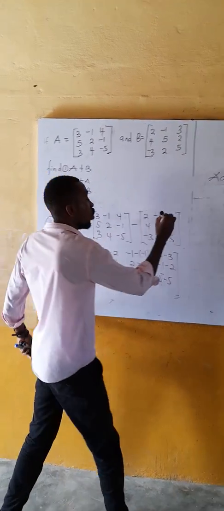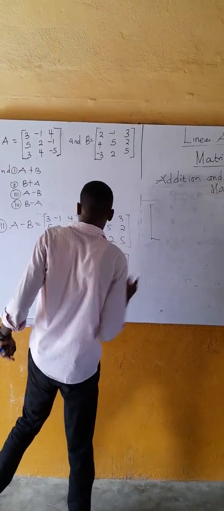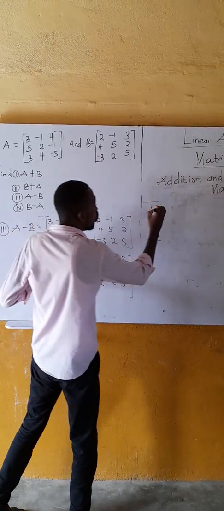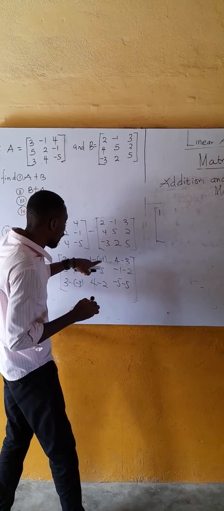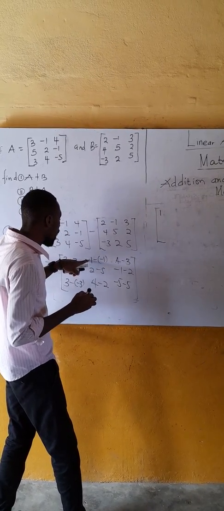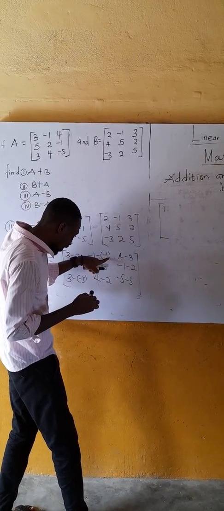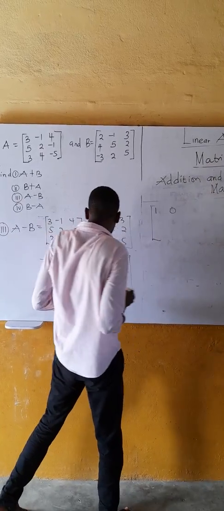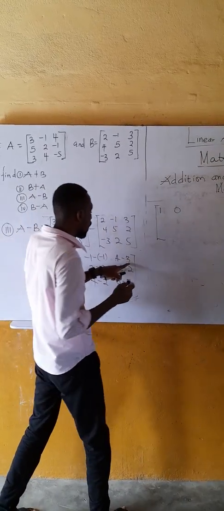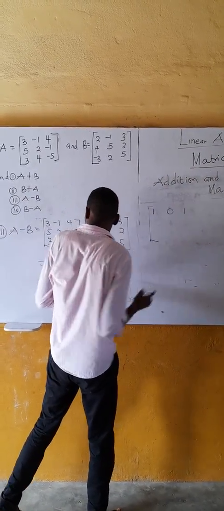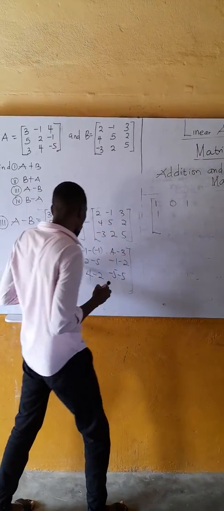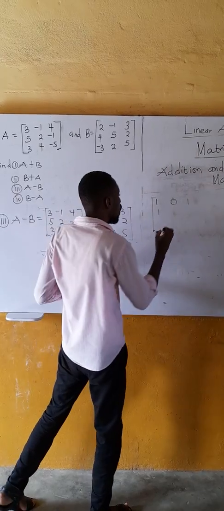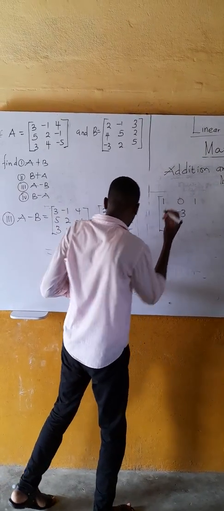So we solve that, we perform the operations on that. 3 minus 2 is 1, negative 1 minus negative 1. That will be negative 1 plus 1, so that will be 0. Then 4 minus 3 is 1. 5 minus 4 is also 1. 2 minus 5 is negative 3.